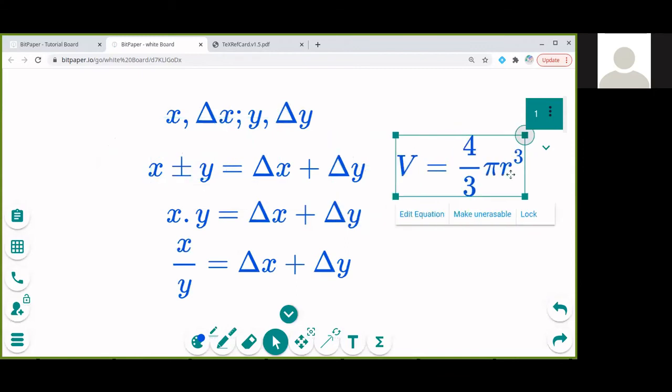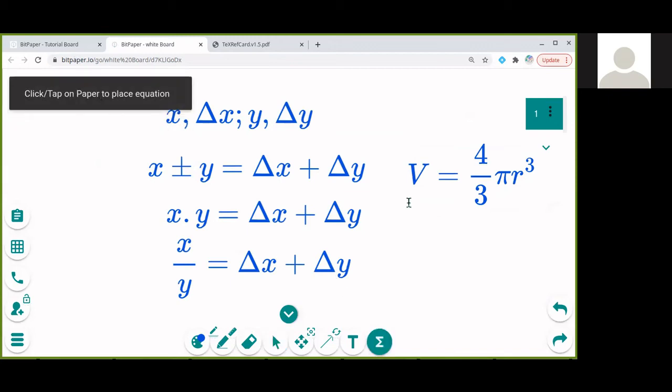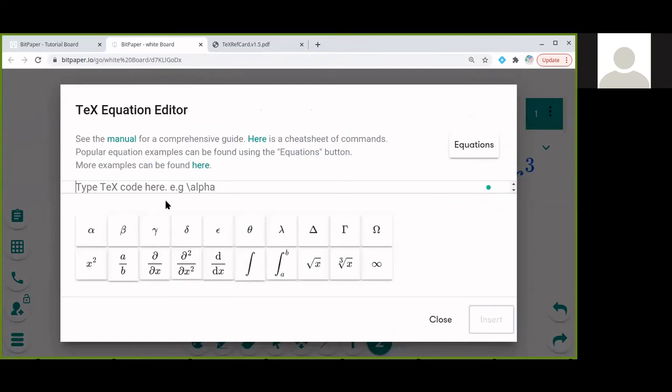So, in measuring the radius of the sphere, the uncertainty in radius is 1%. What is the uncertainty in volume? r cubed means r times r times r, so we have to add 1% three times.